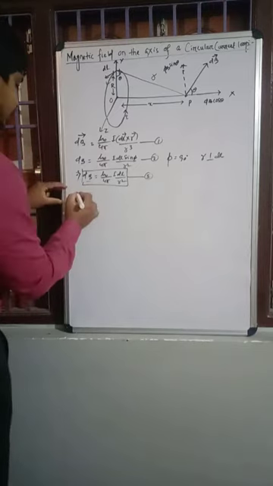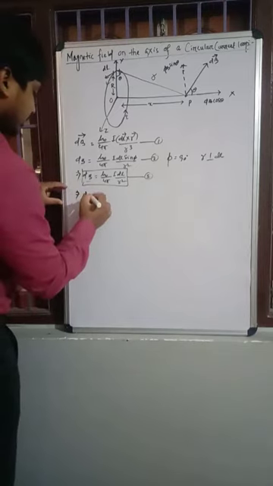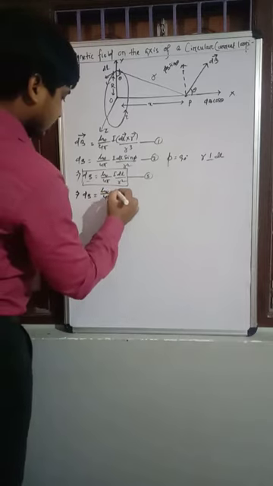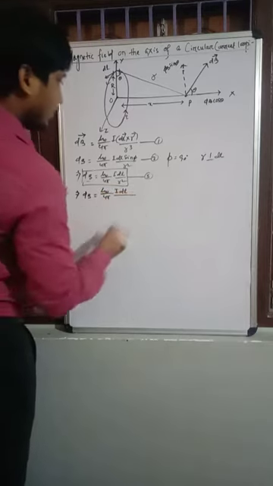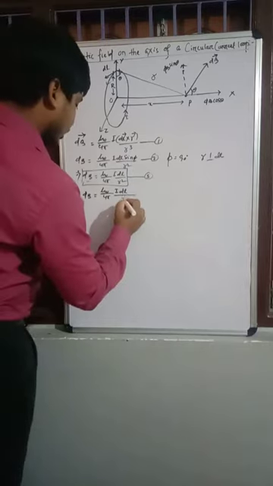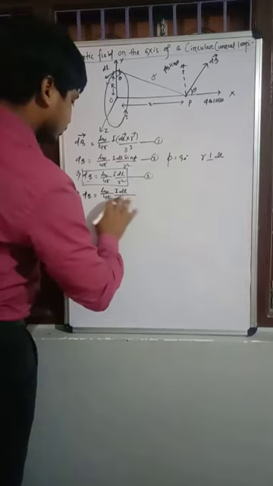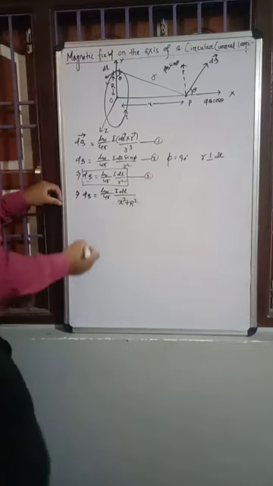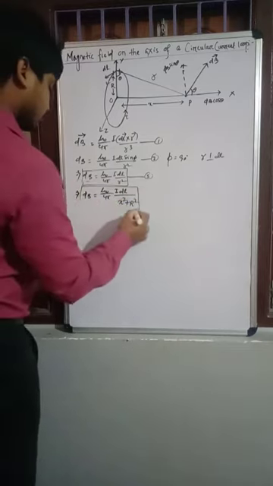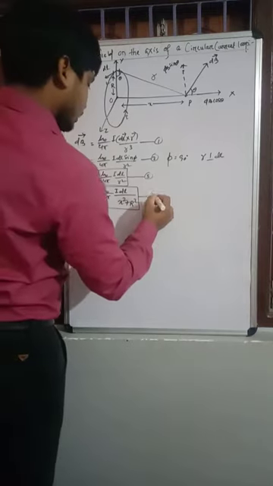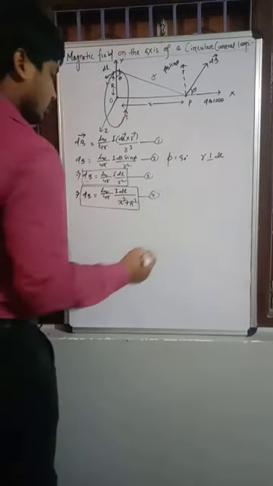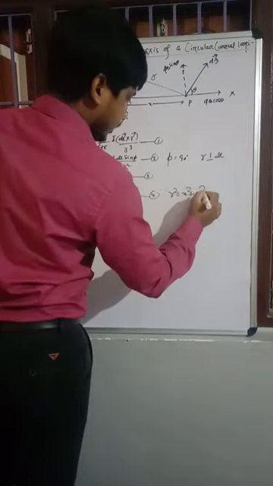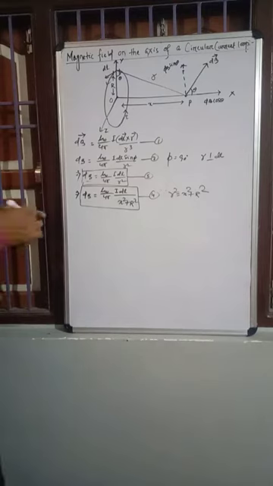So I can write this expression for dB as mu naught by 4 pi I dl by x square plus R square, because our r square is equal to x square plus R square from Pythagoras theorem.